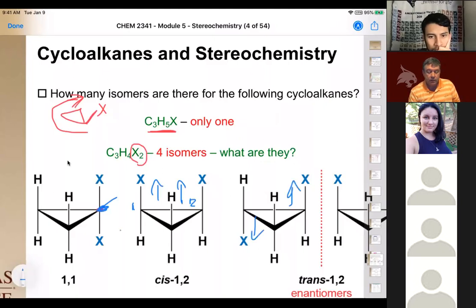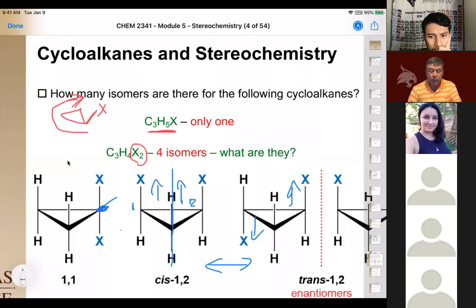So these are two different structures, and they have different physical properties. However, if you take this and you have a mirror plane here, you cannot have any kind of enantiomer because the mirror plane is in the middle and these are now superimposable. So you don't have a stereoisomer associated with this. You only have a conformational isomer for this.